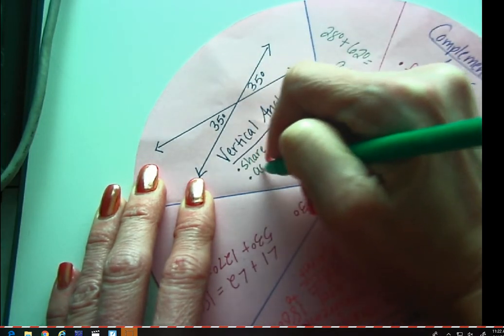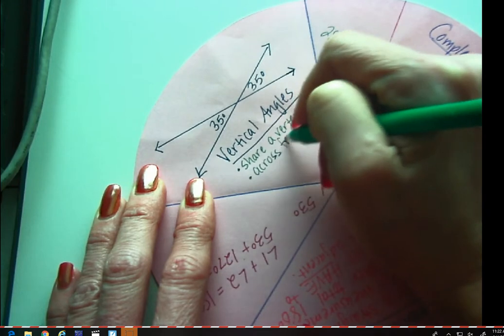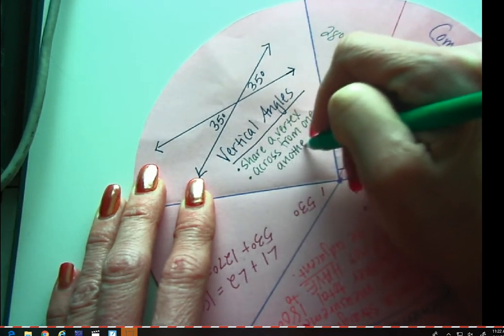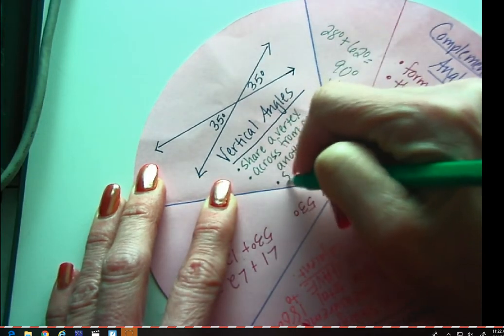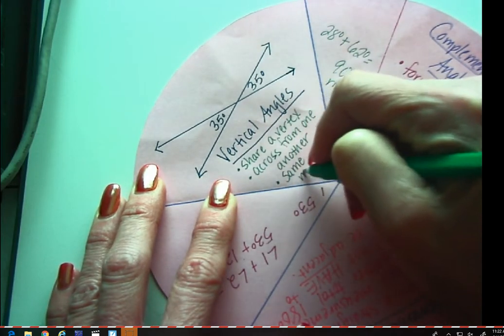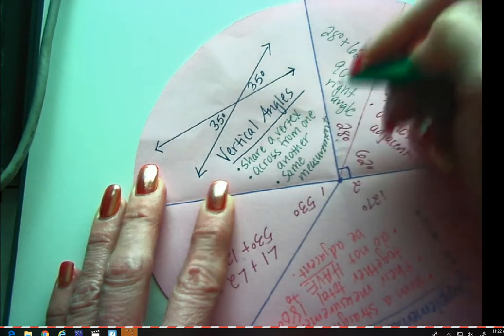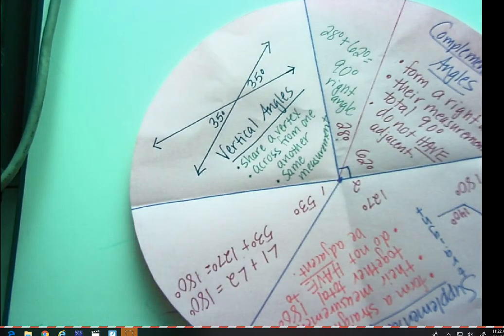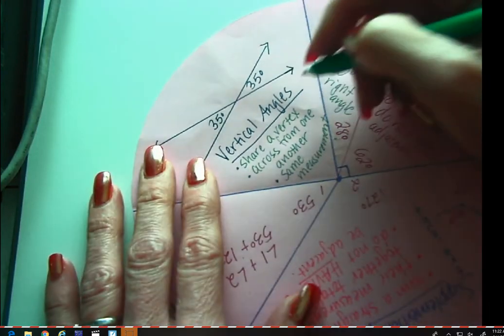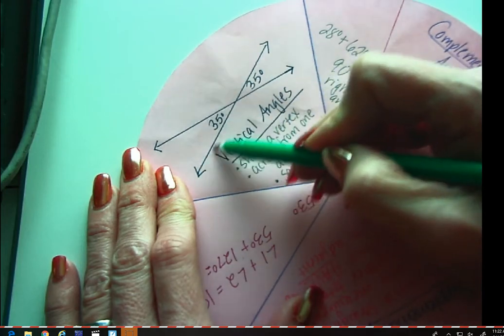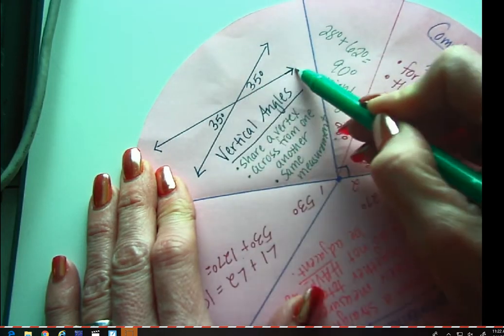They are across from one another. And they have the same measurement. Okay, so we know that they're vertical, and as we talked about in class, they also are going to share the same two lines. So the two lines on this 35-degree angle are the same as the two lines on the other.